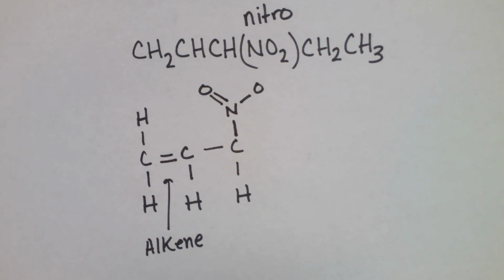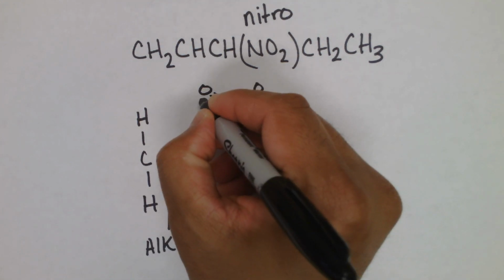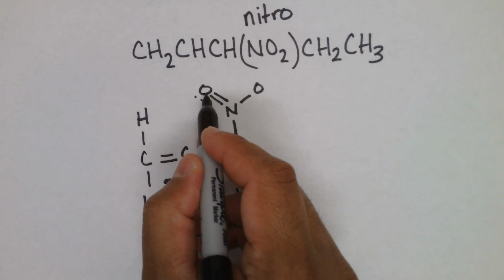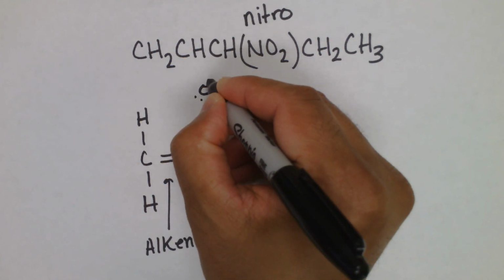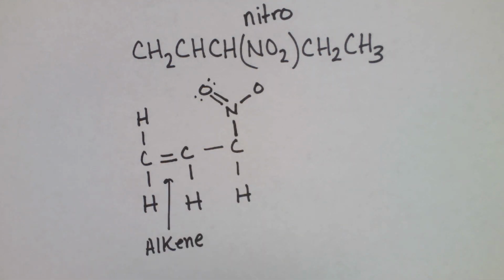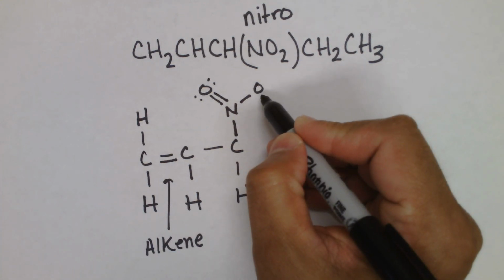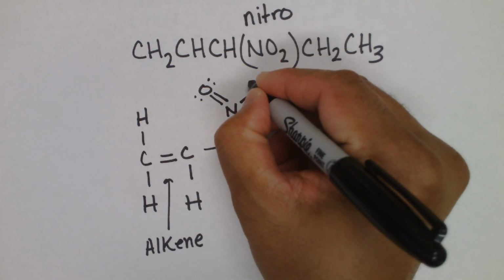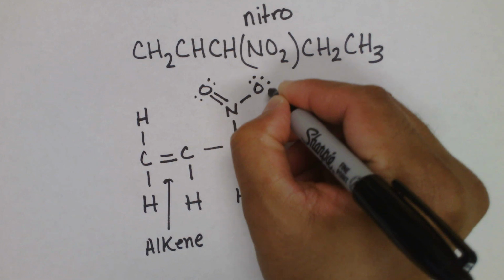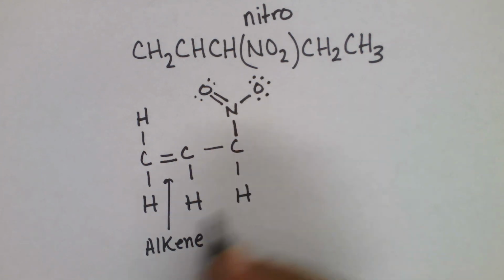Let's add the lone pairs to satisfy the octet rule. So this oxygen has 2 bonds, we'll give it 2 lone pairs. This is a neutral oxygen. Interestingly, to satisfy the octet rule here, we'll have to add 3 lone pairs to the oxygen.